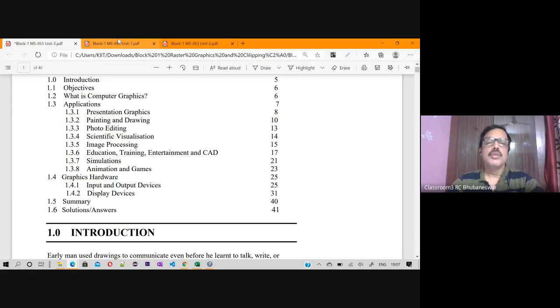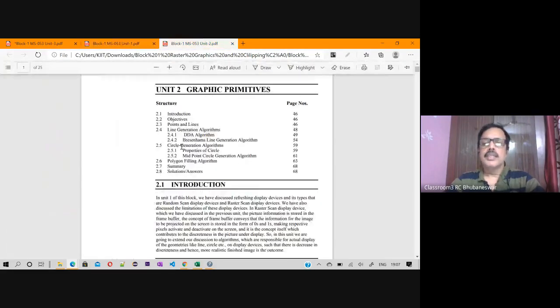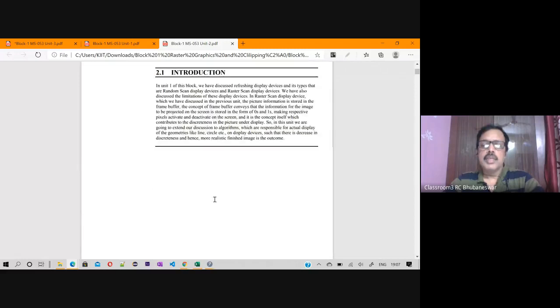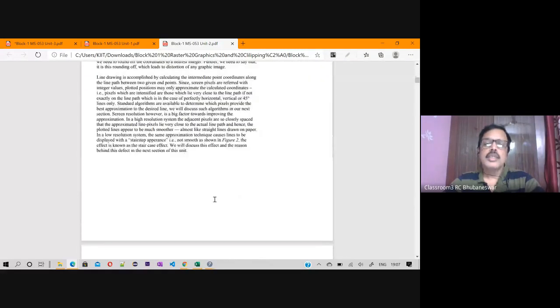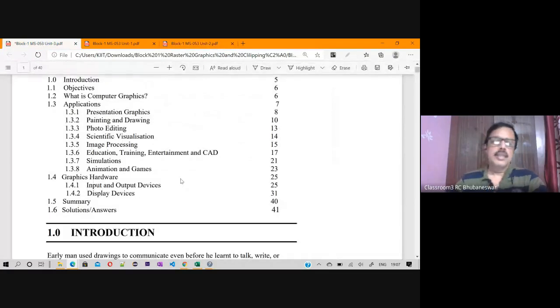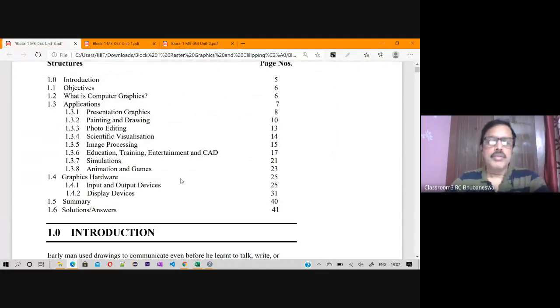In unit 2, you will have primitives: how to draw a pixel, how to draw a line, how to draw a circle in a programming environment, either in Turbo C or in OpenGL Visual C++. So let us move straight to that chapter, hardware.